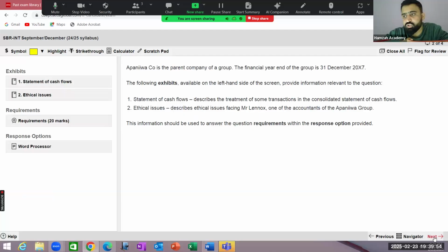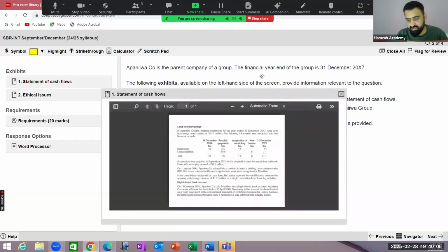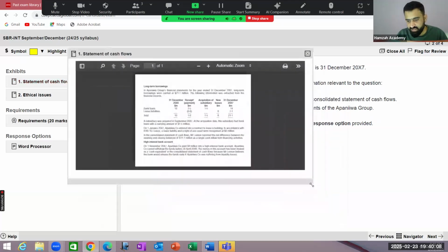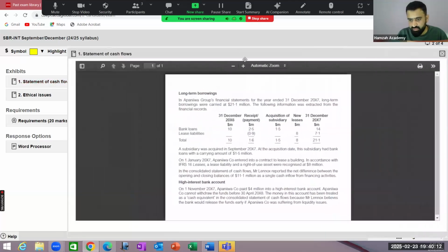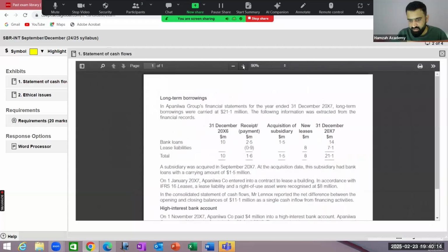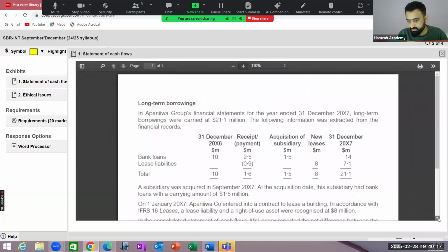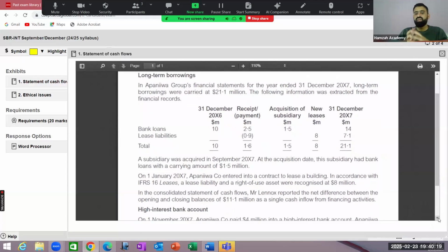Question number 2 is relating to statement of cash flow and ethical issue. Now, let's read the exhibit, then we will discuss the answer.